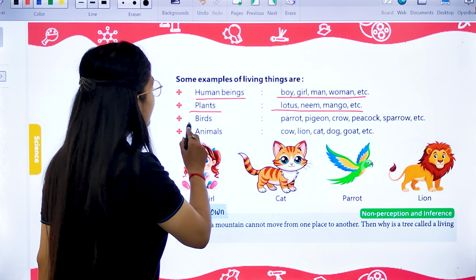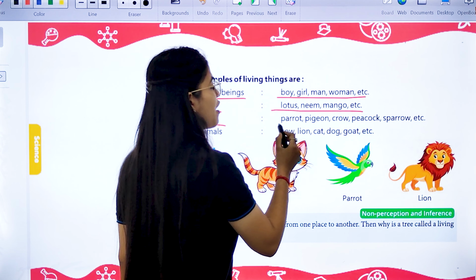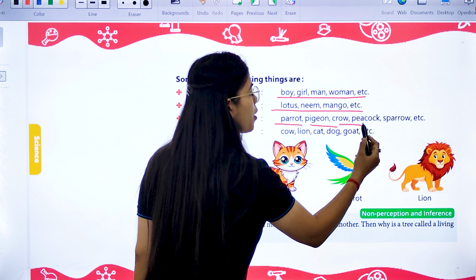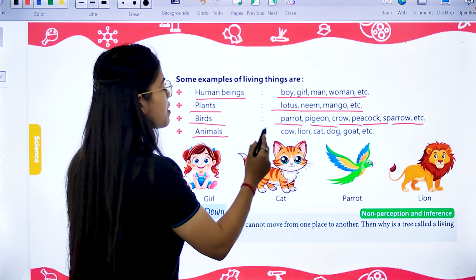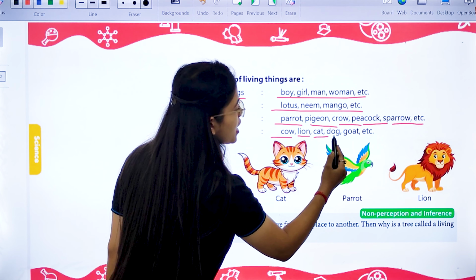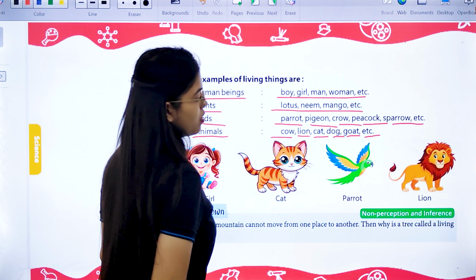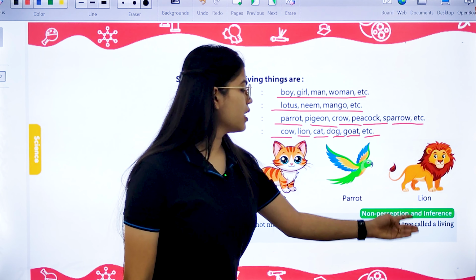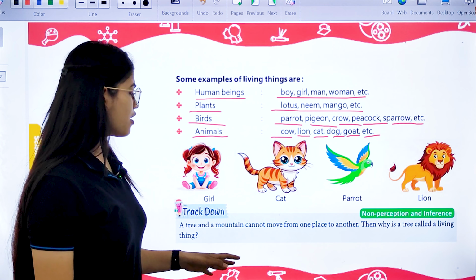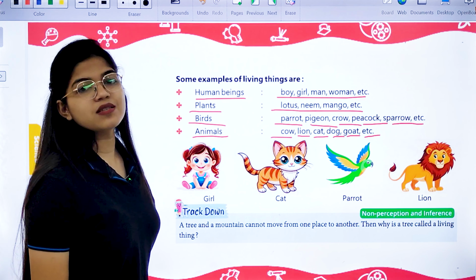Then birds. In birds, we have parrot, pigeon, crow, peacock, sparrow, etc. Animals, we have cow, lion, cat, dog, goat, etc. This is a girl, cat, parrot, lion. All these are what? Living things only.